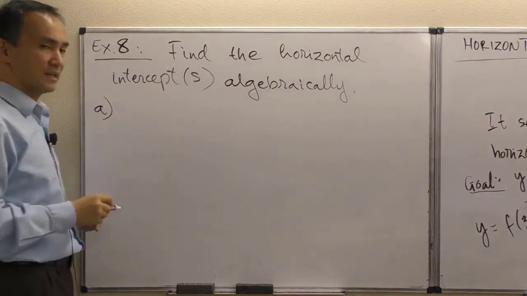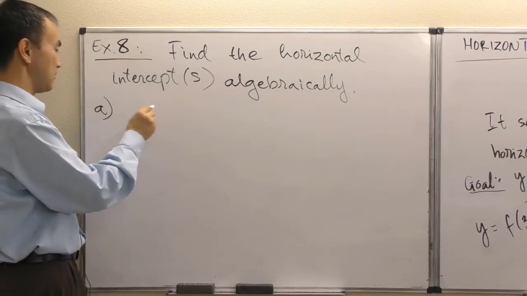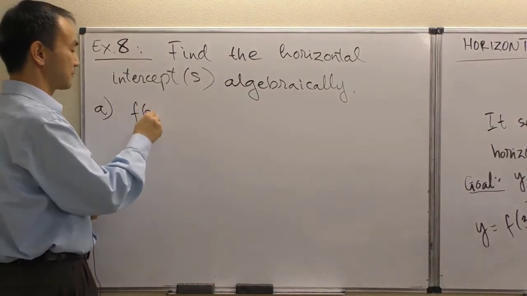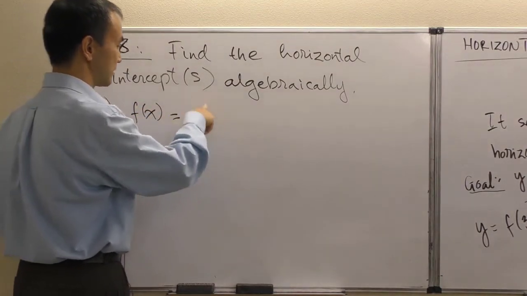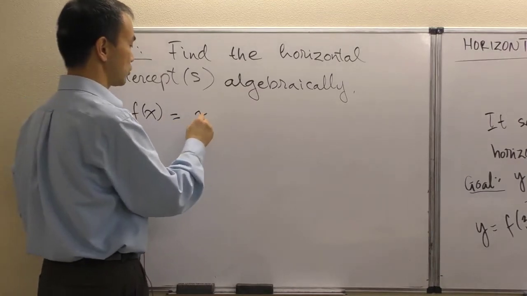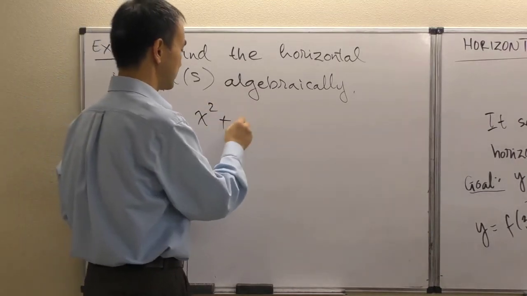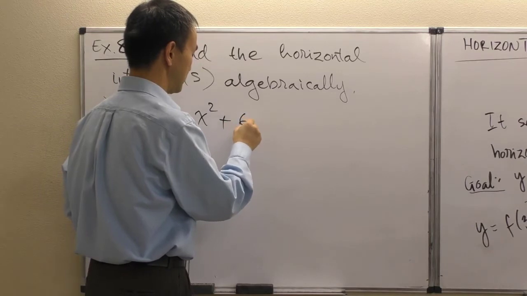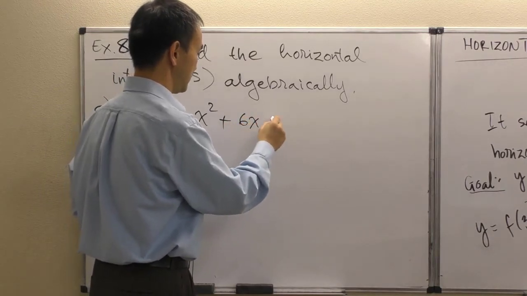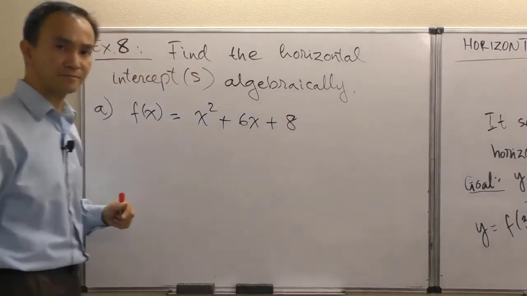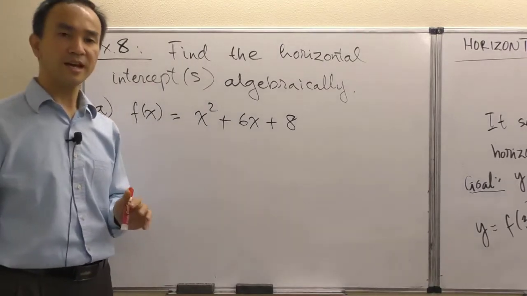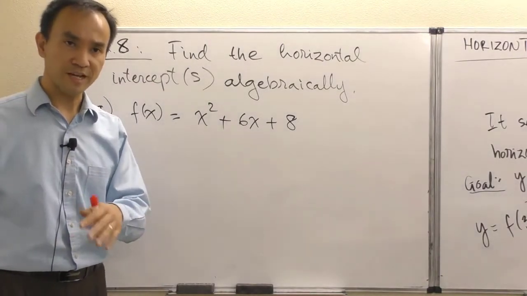I'm going to call that now part A of the example. How about our polynomial here, f of x equals x squared plus 6x plus 8. It's an x squared plus 6x plus 8.